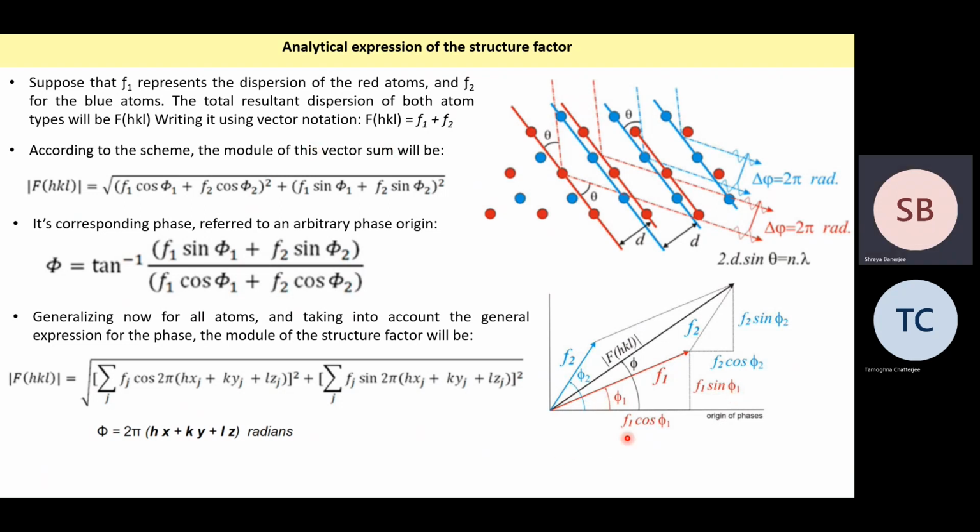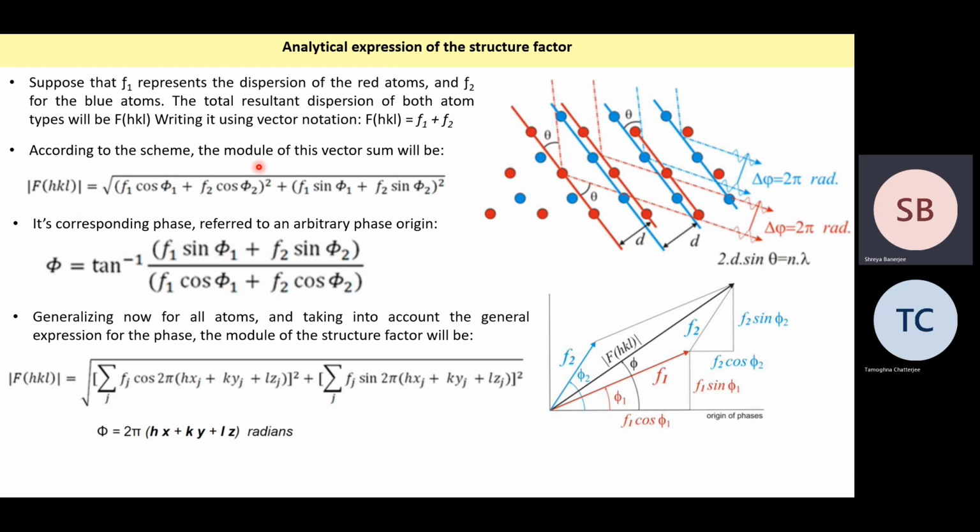The net structure factor is basically the summation of these individual structure factors. If you have F1 and F2 from the red and the blue crystals, the net structure factor, defined by capital F hkl, is the vector sum of these two.